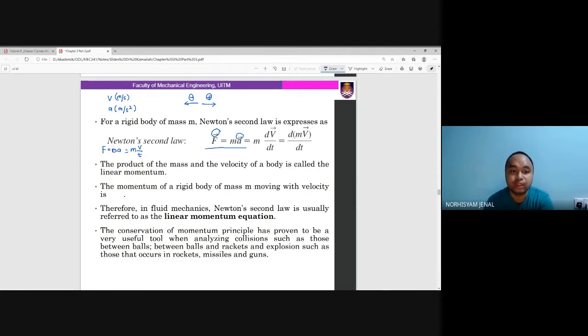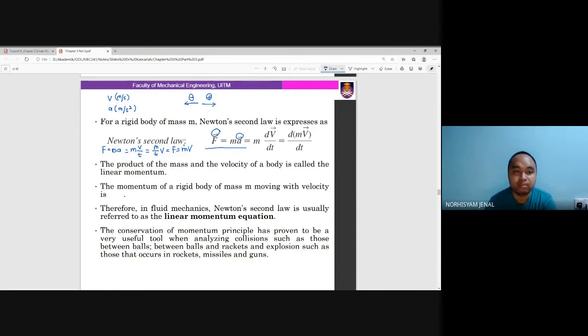If we change it in terms of m over t multiplied by v, mass divided by time, you will get F equals mass flow rate multiplied by velocity. Why is it this way?